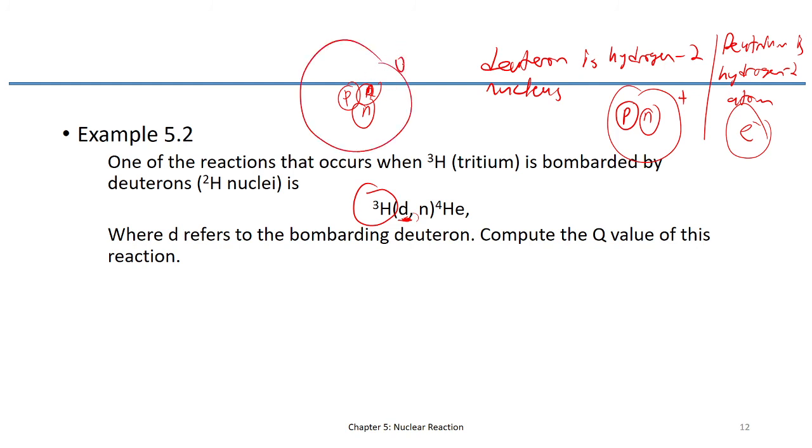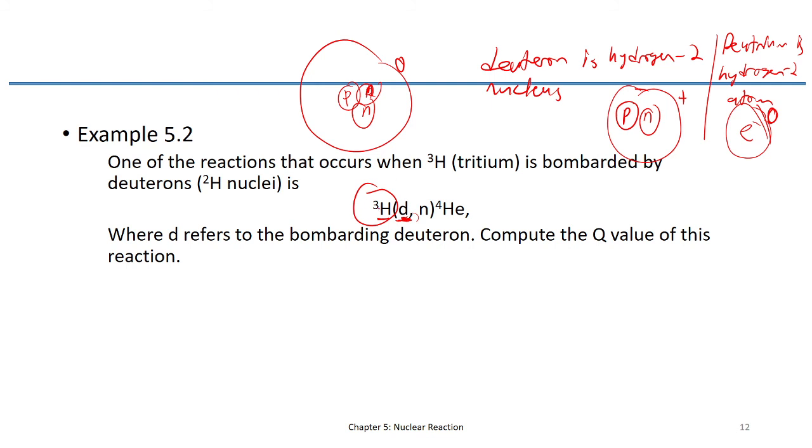Similarly, deuterium is zero in charge. When you remove the electron, the deuterium nucleus has a specific name, which is deuteron. For tritium, I'm not sure what the name is for the charged one, which is why you have H3 and D. D represents deuteron.